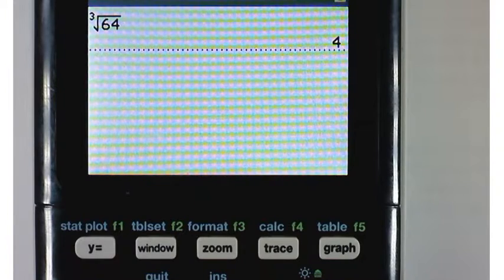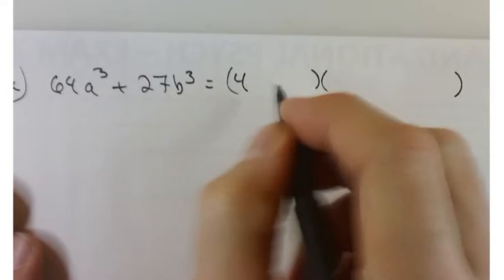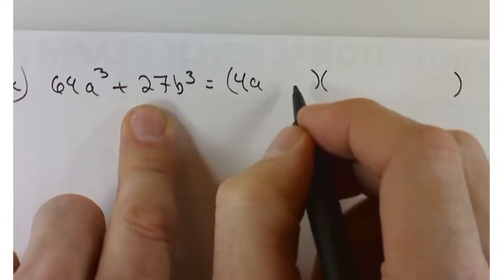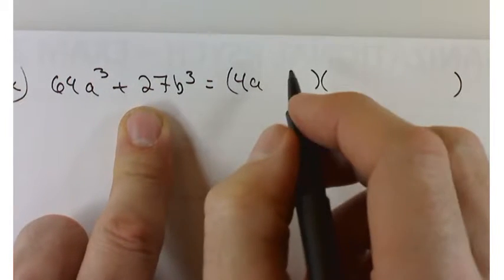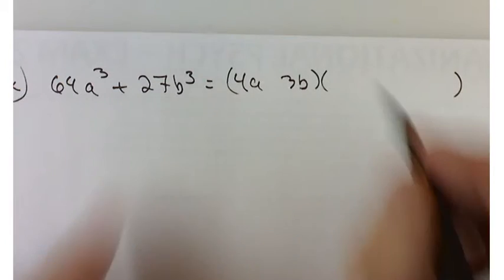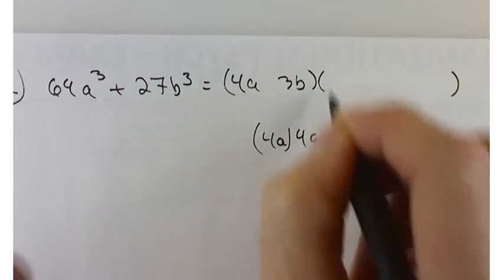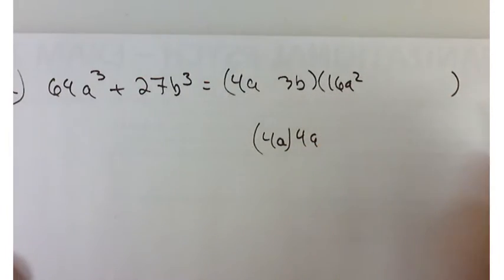64 is kind of special because it's 8 squared, but it's also 4 cubed. So it's kind of both. So it's going to be a 4 here. So 4a. What else? Plus 3b. So 4a times 4a gives me 16a squared.